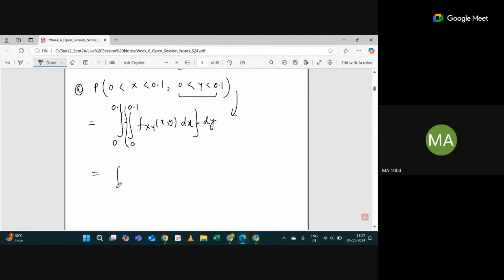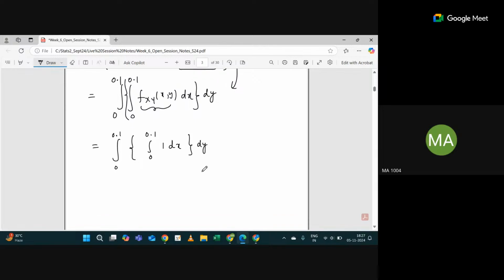Now let's do this very simple calculation. The integral from 0 to 0.1 of the density, which for now is just 1, gives dy.